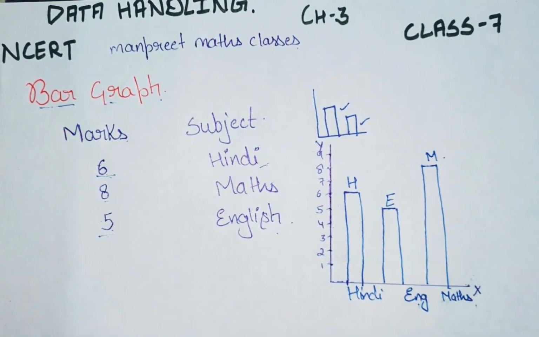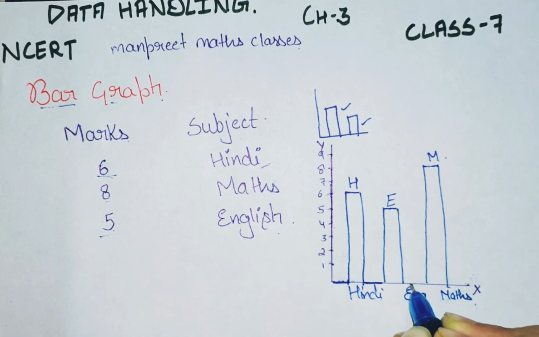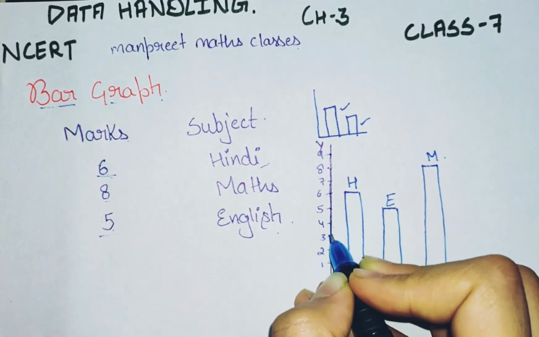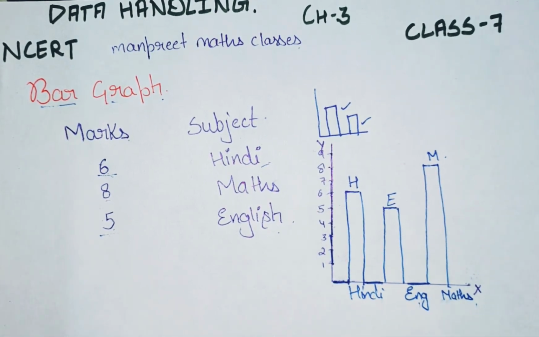Now while drawing the graphs, keep in your mind that this distance should be the same. Just as we have taken the same distance here on the y-axis, you have to take the same distance on the x-axis. Now this was how we plot a bar graph.